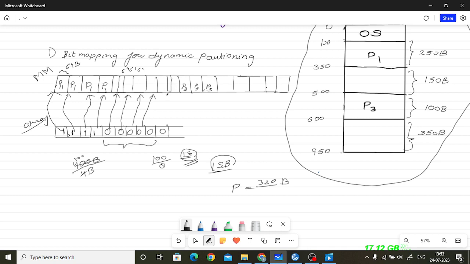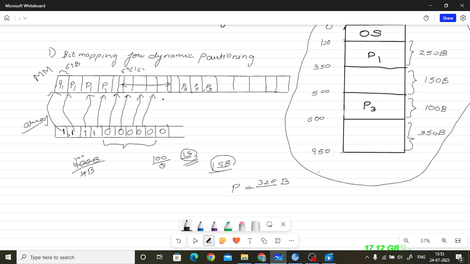So half of our process will start from here and end up here. It acquires half of that one allocation unit, half of that one allocation unit. So in the array we are not going to represent it as 0. In place of 0 we are going to represent it as 1.